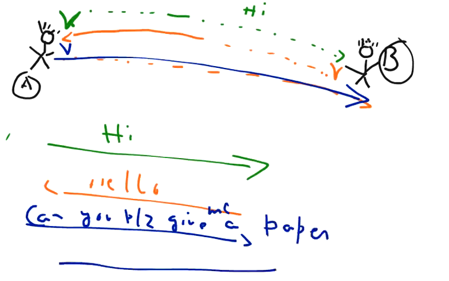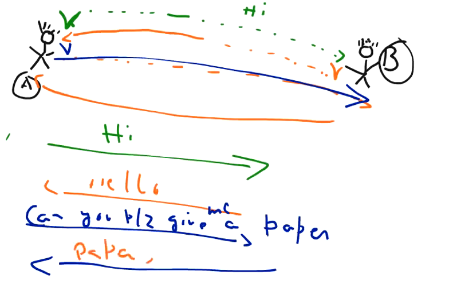And if person B understands what person A has asked, and if he is able to do that, then he gives the paper via the pigeon and says, take it.